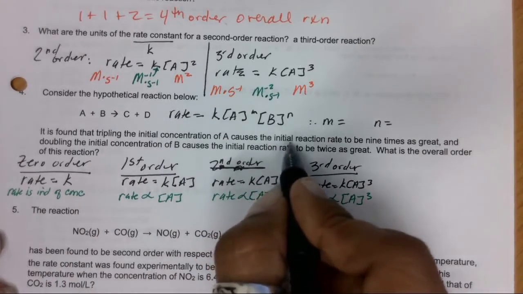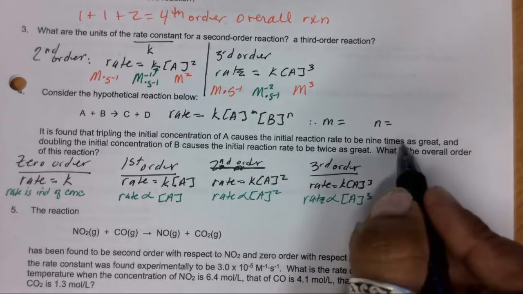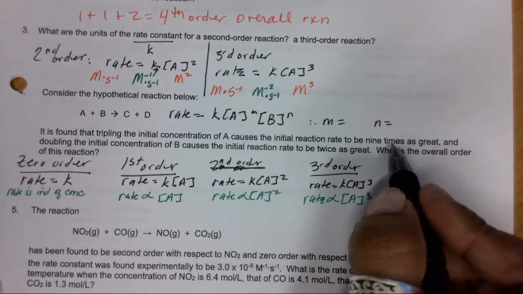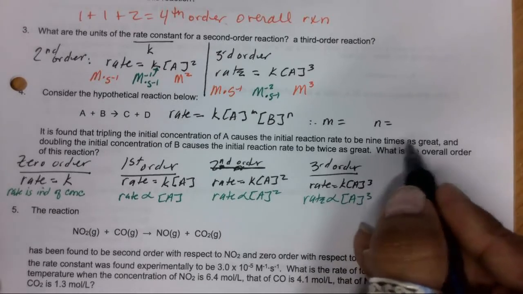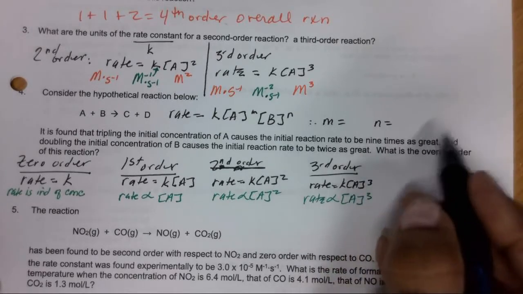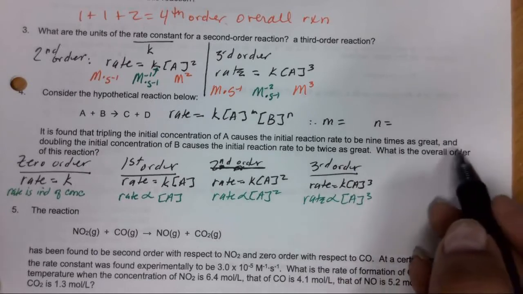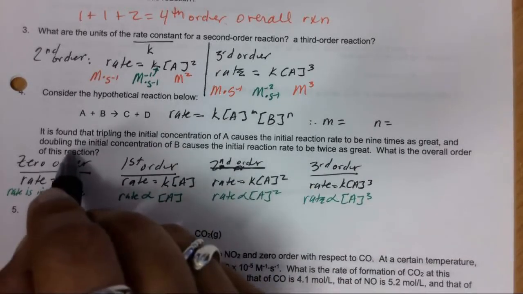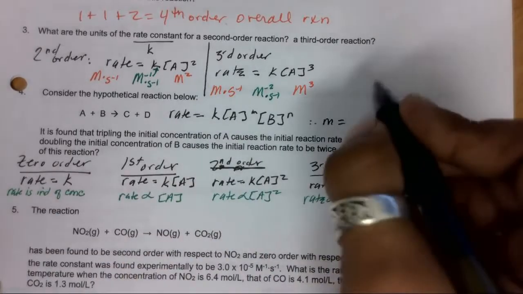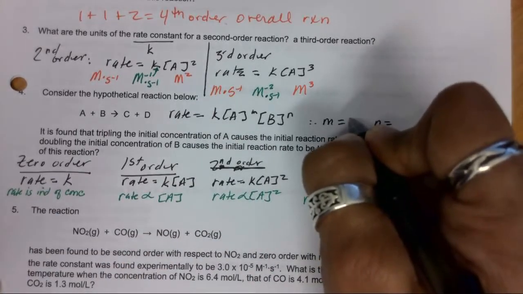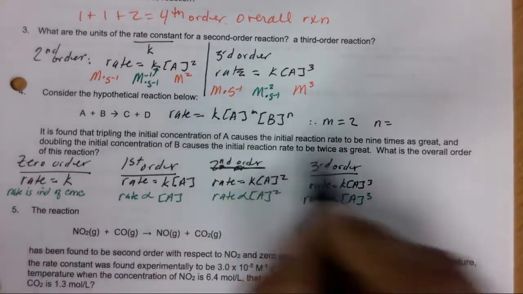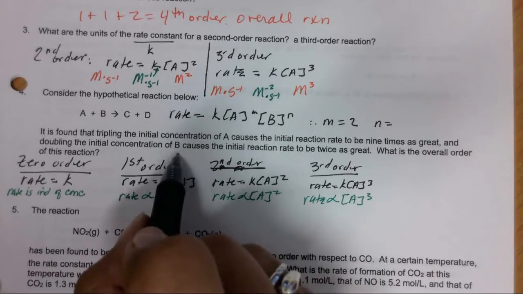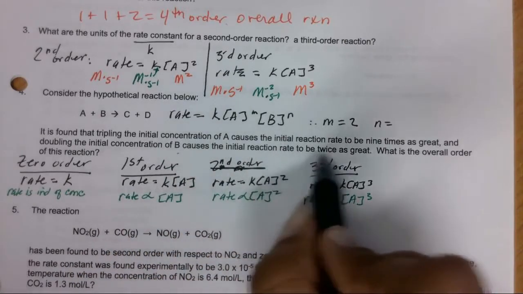And what did that do to the reaction rate? It made it 9 times faster. Okay, and so what does that mean? Well, if you take the square of that, 3 squared, it's 9, right? And this was for A, right? So M is equal to 2. It's second order. And doubling the concentration of B causes the initial rate to be twice as fast.